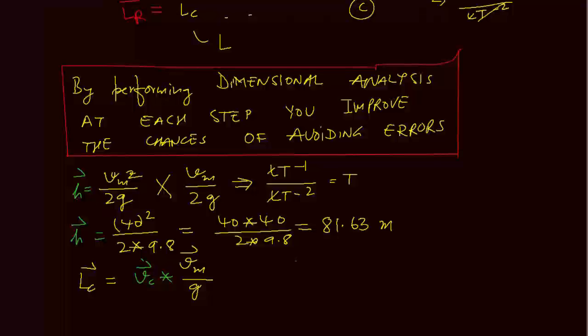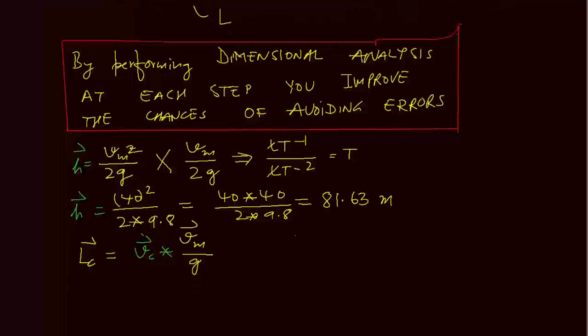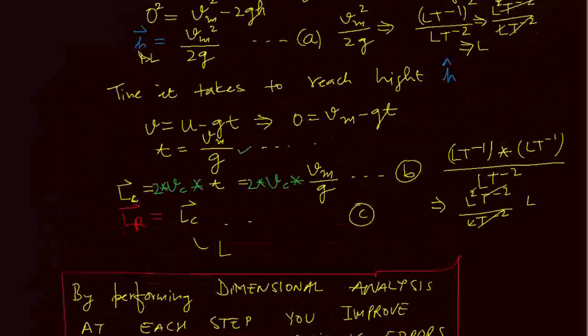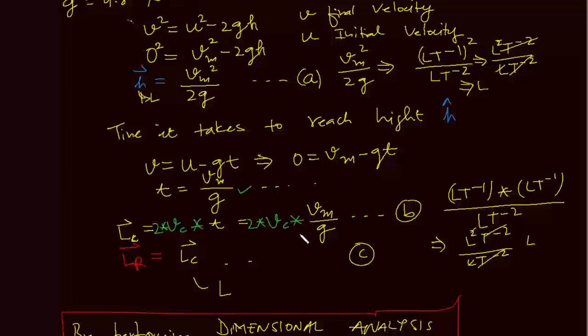Okay, so I made a mistake. It's 2 of this twice, and you will appreciate that by multiplying 2 here, it does not change the dimensional analysis because it remains the same.